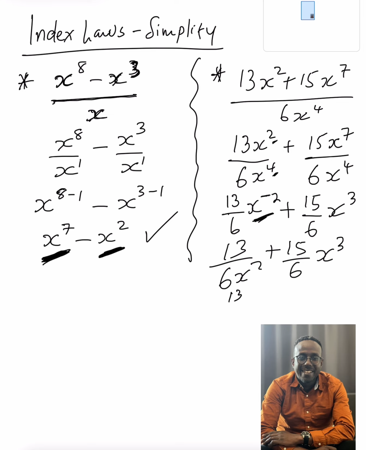This is 13 over 6x squared, plus, because we can divide 6 by 3 and 15 by 3: 15 divided by 3 we get 5, 6 divided by 3 we get 2, x to the power of 3. And that will be our answer there.